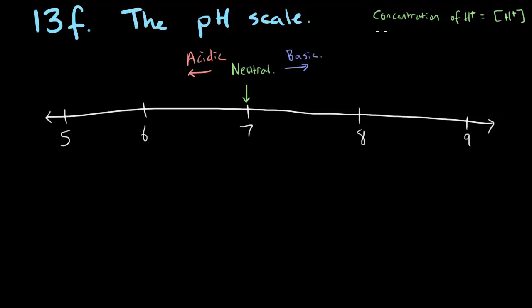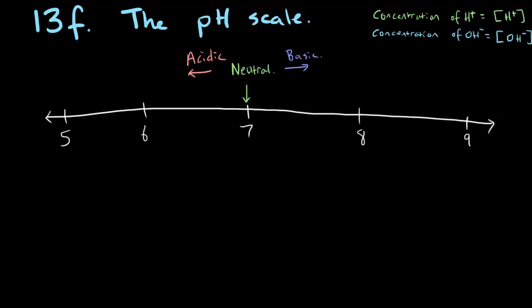And I'm also going to be having a look at the concentration of OH- in these solutions, which is represented by square brackets OH-. Don't mix these symbols up with the electron dot diagrams. I'm not trying to represent electron dot diagrams here. The square brackets are strictly for concentration in this case.